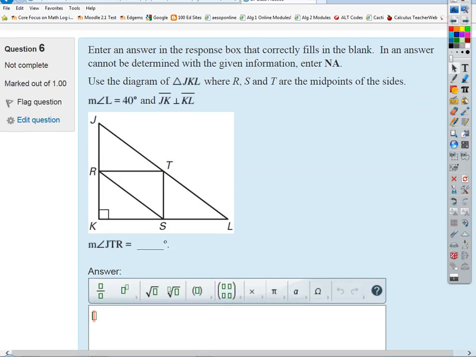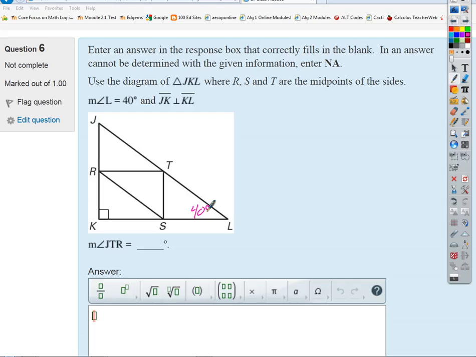Let's look at this. Now, remember, what are you going to be doing on your notebooks or on your scratch paper when you're taking this test or you're doing the homework? Drawing these things, right? Writing on the pictures, you're adding stuff. So they're telling us some things here that we can write in. The measure of angle L is 40 degrees. They're telling us that JK is perpendicular to KL, okay?